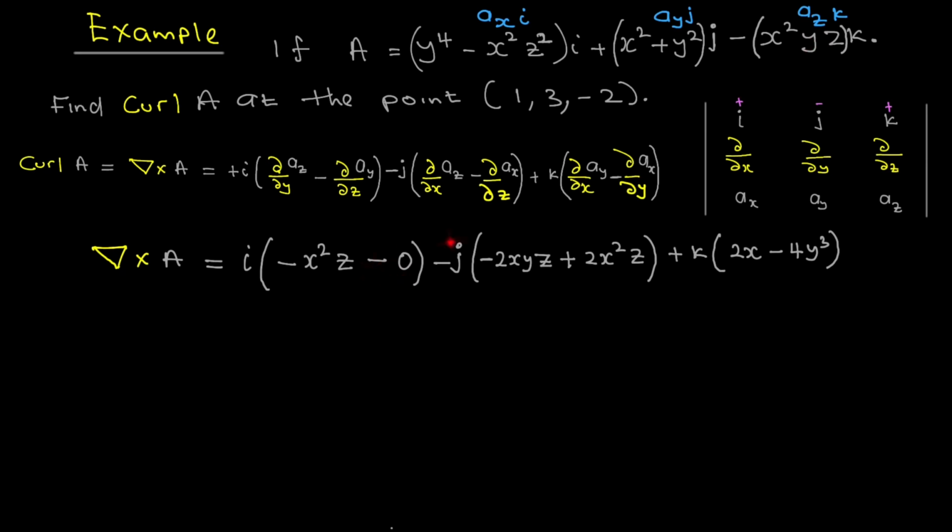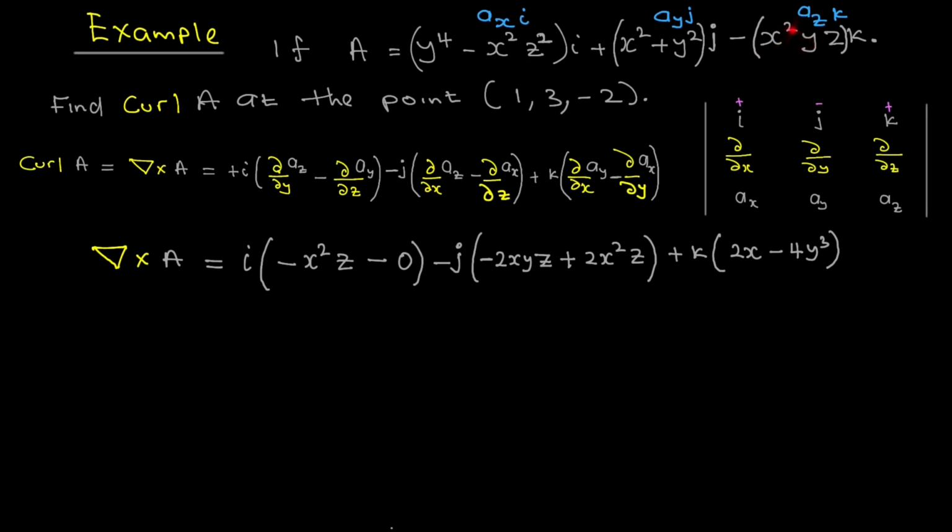Now we need minus, so this one we need to differentiate with respect to z. We're differentiating AY with respect to z, and there's no z here, so all these are constant, so that'll be 0. Minus, the minus here, j, open bracket. Now we want AZ with respect to x.